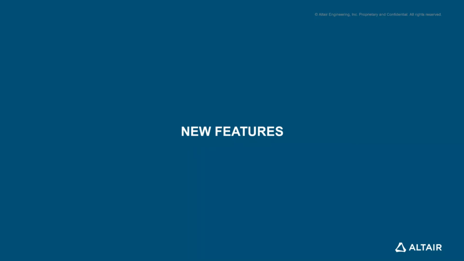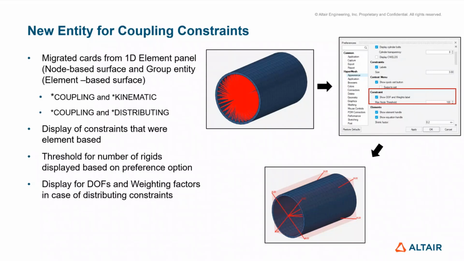This new feature, which is the coupling constraint, was originally supported in HM in more than one way. For example, when the constraint is a node-based surface, we had it on the 1D panel, rigid elements or RB3s in the 1D panel, and when the surface can be an element-based surface, like basically a set segment, we had that support in the group entity.